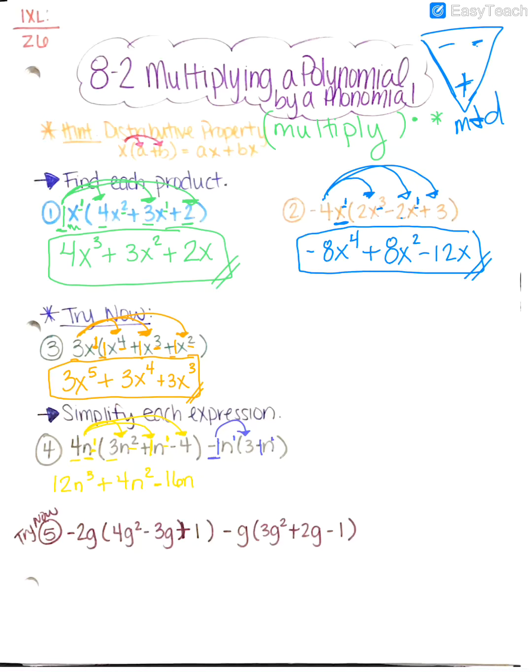So negative 1 times 3 gives us negative 3n because of this n right here. And then distribute that negative 1n raised to the first power to the last number that we have there. Negative and a negative make a positive. 1 times 1 gives us 1. And then we have n. And you add the exponent. So 1 plus 1 gives us 2.